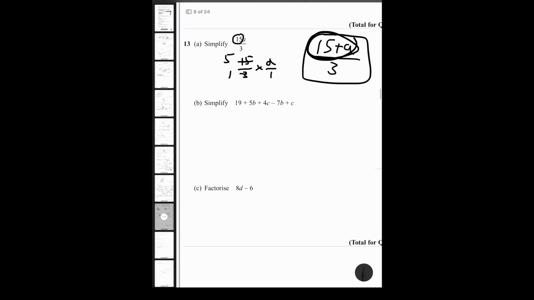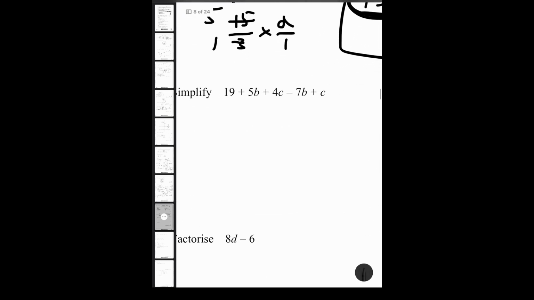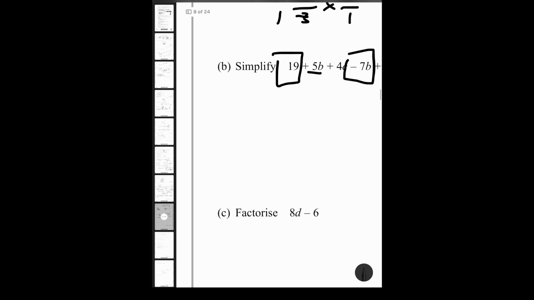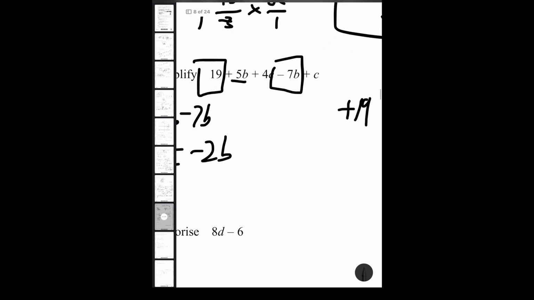So next one, simplify 19 plus 5b plus 4c minus 7b plus c. First thing I can notice, something that doesn't have a letter, you're going to the side. And now let's find the letters. 5b, and remember the sign is always before the number, so minus 7b, 5b minus 7b is negative 2b, plus 4c plus c, so plus 5c, right?